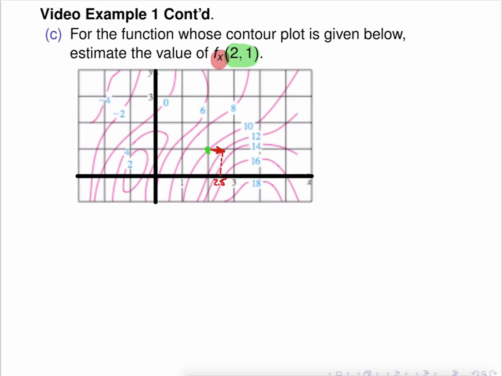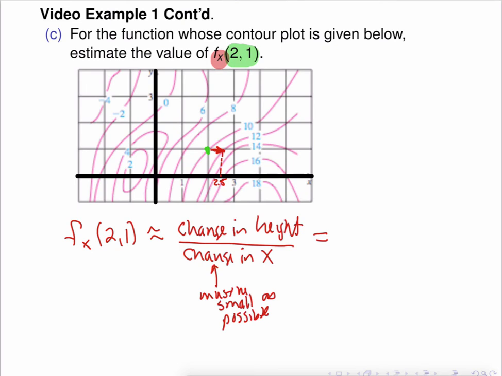So I'm going to move in the x direction, parallel to the x-axis, to the very next contour that's marked. That change in x is about a half. I went from 2 to 2.5, and the contour changes from 10 to 12. The partial derivative with respect to x at the point (2,1) is about the change in height over the change in x. I need to take as small a change in x as possible, which is why I stopped at the very next contour.